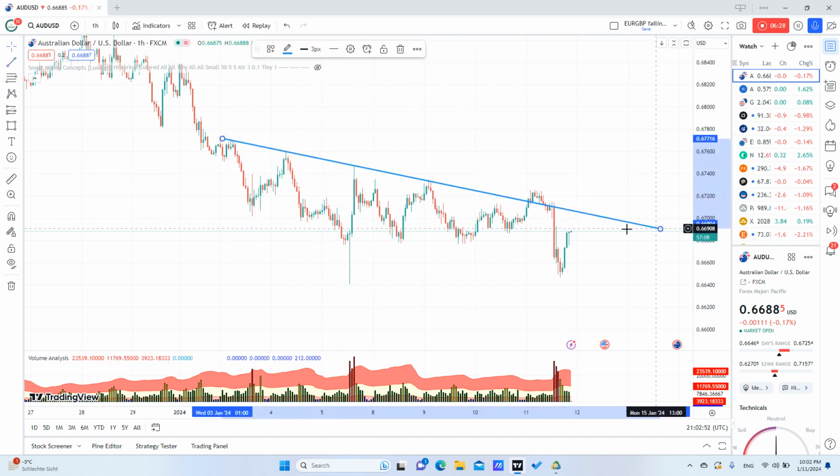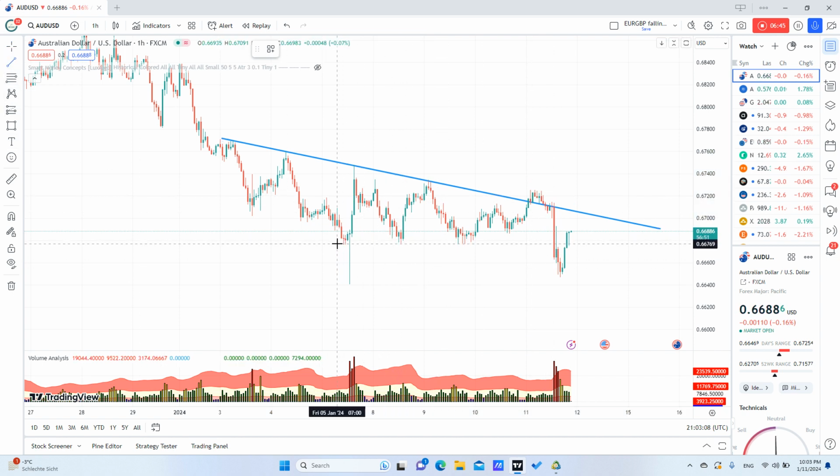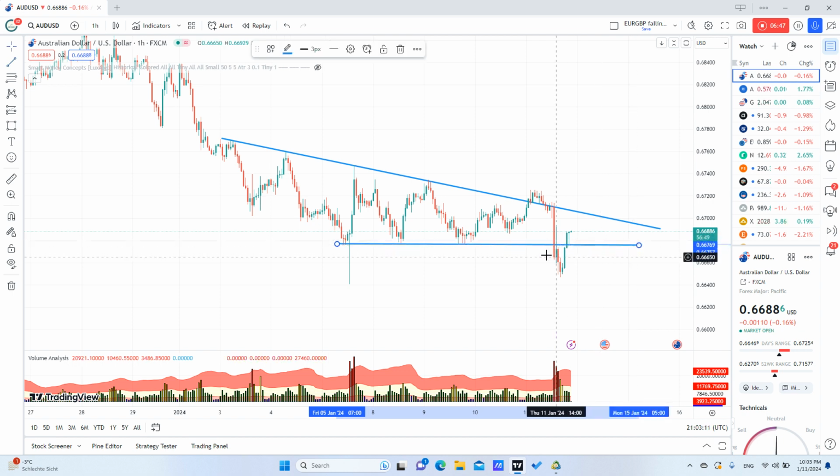So we have this liquidity, and the liquidity is being taken here. People think the trend line was broken, so they enter a long trade. What happens after that is that they got punished heavily.